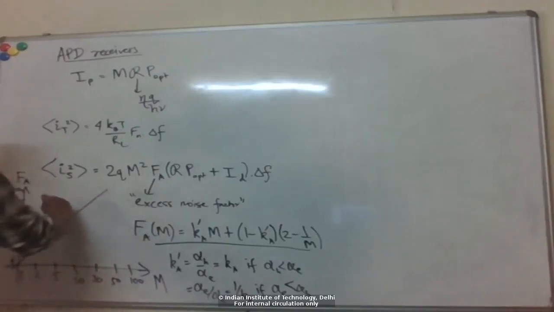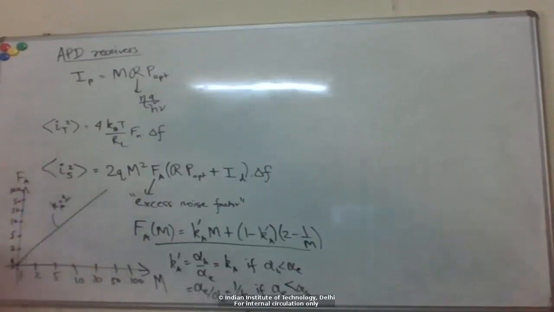So this is for K_A equal to 1. Now as we decrease K_A towards the actual values that we see, this goes down.